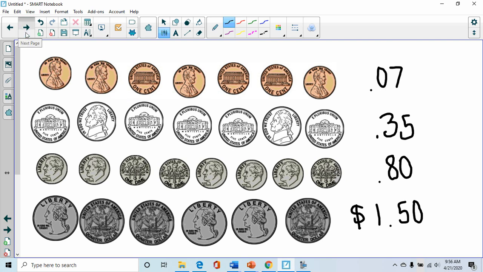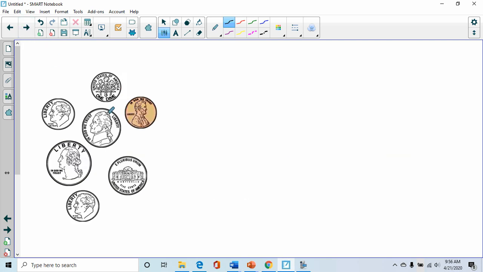Let's take a look at counting groups of coins now. Here I have a group of coins, and I want to count and total them. We would start with the quarter first. So I first look for my quarters and I start my 25 count. I see 1 quarter, so I'm at 25 cents.